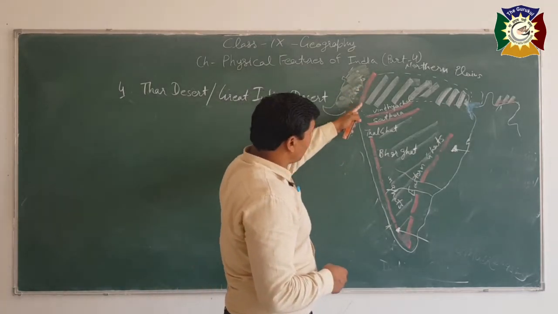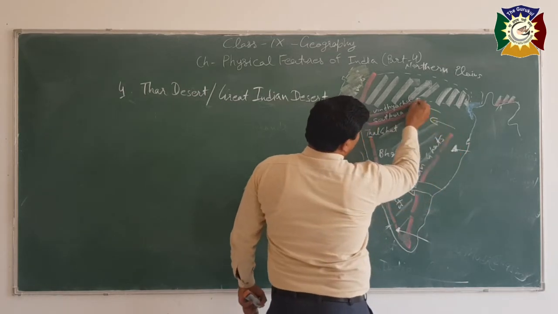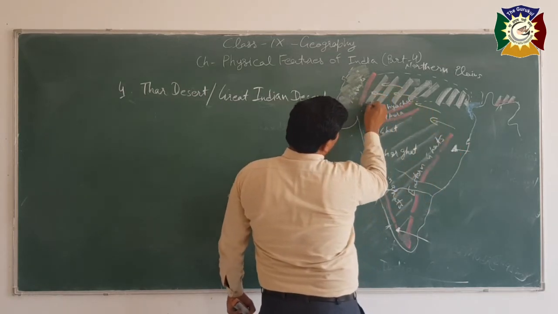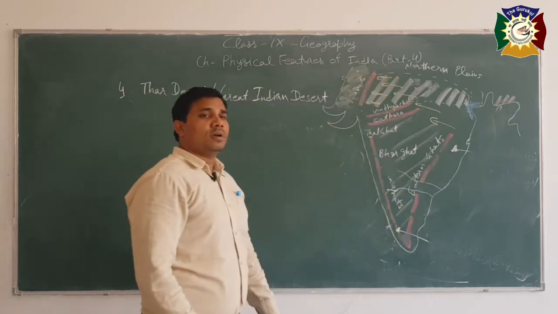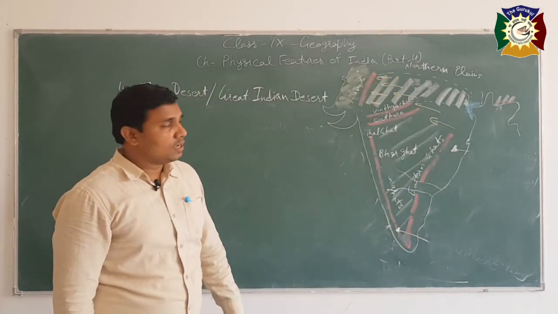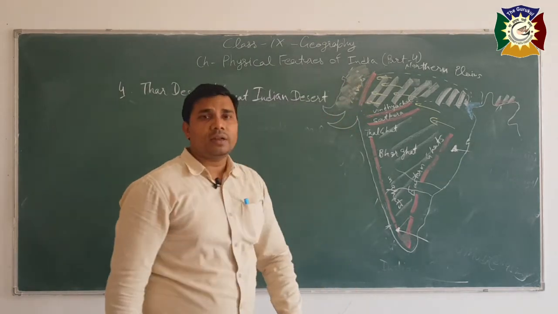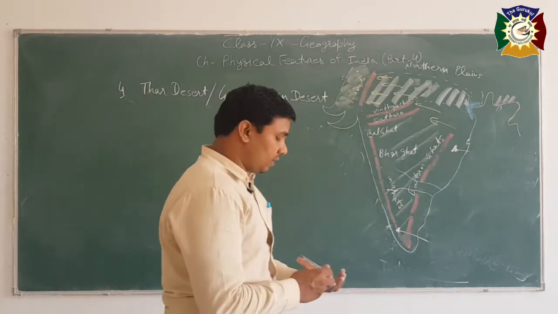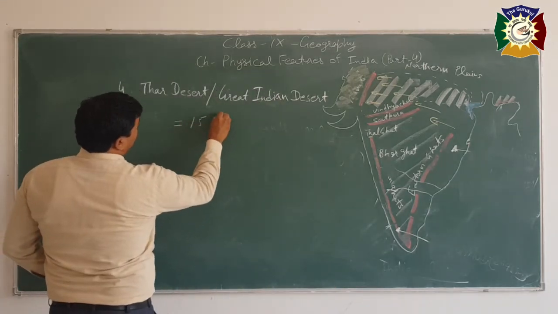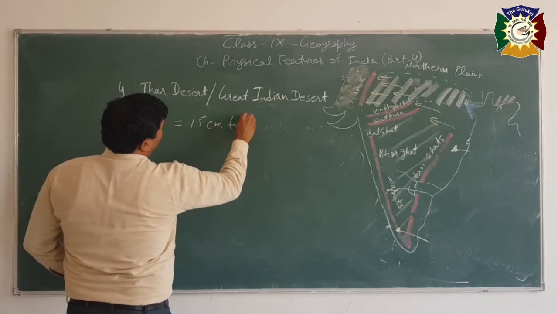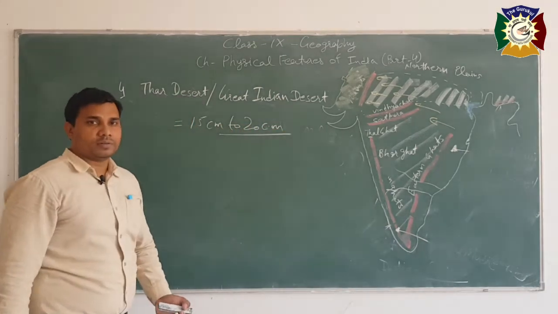But due to the Aravalli mountain, the winds coming into India are stopped by this Aravalli mountain range, and that's why this area receives very little rainfall, nearly 15 centimeter to 20 centimeter annual rainfall.